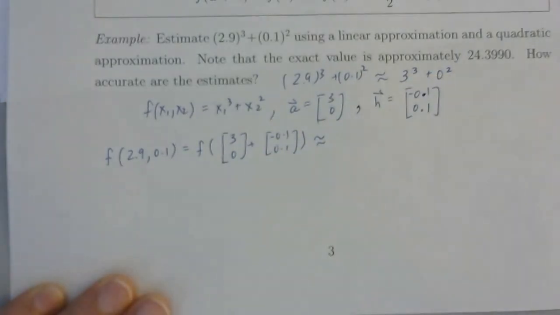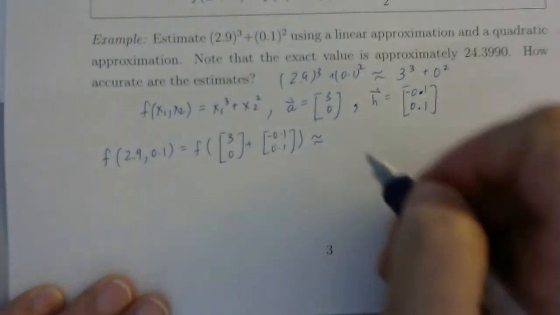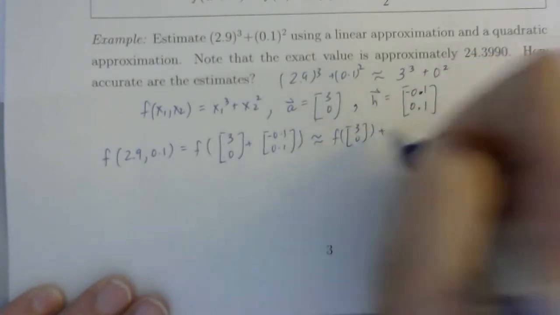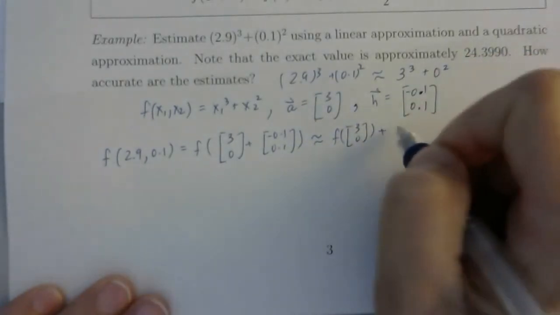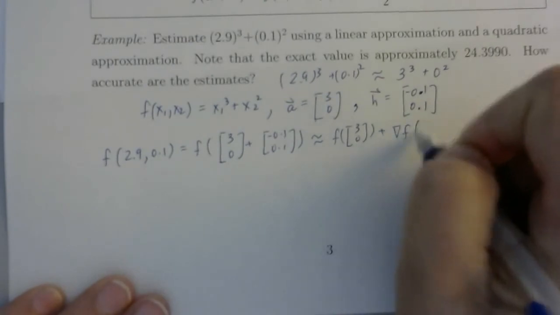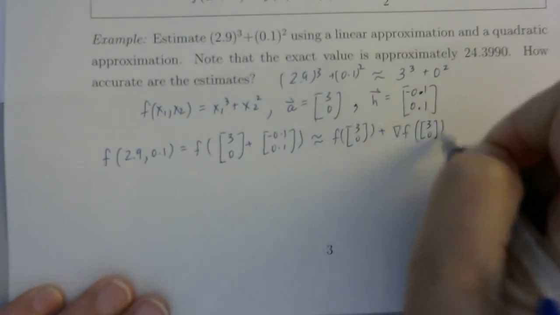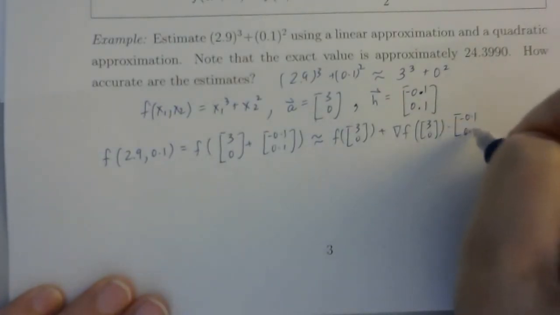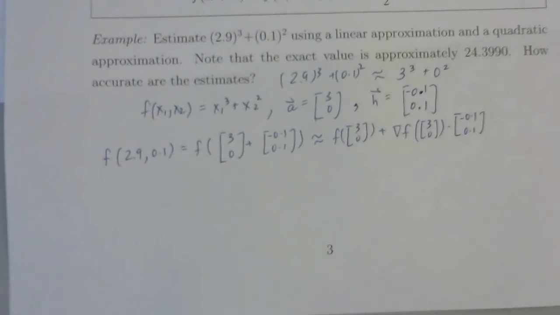And I know from linear approximation that this is like f at 3, 0 plus the gradient of f at 3, 0 dotted with h, minus 0.1, 0.1.